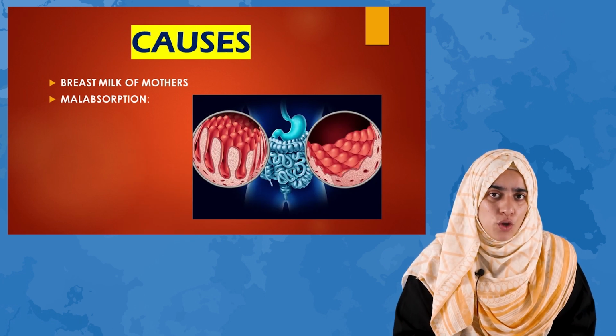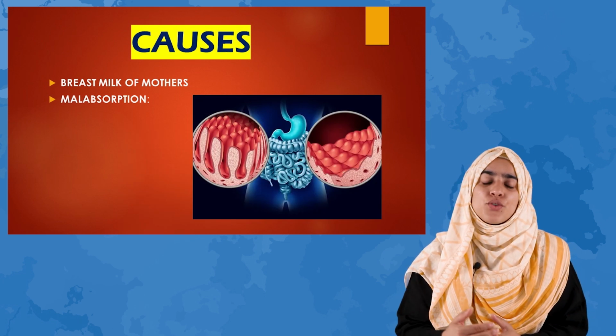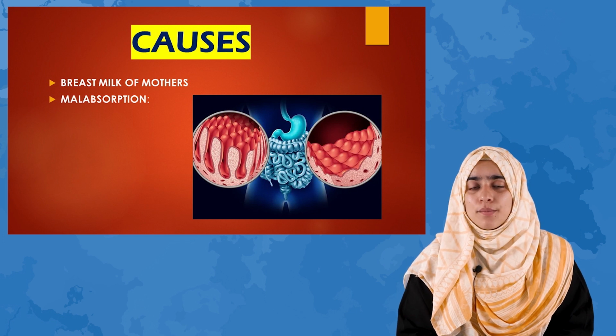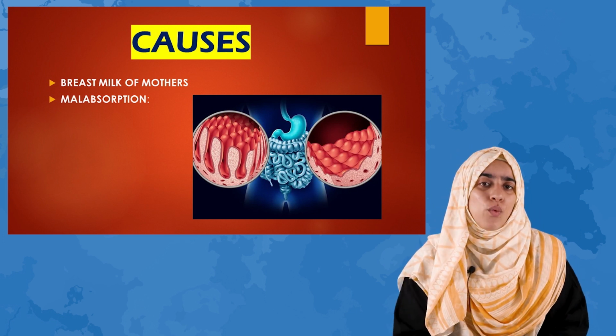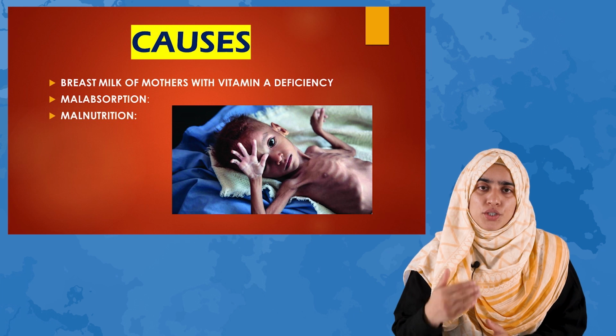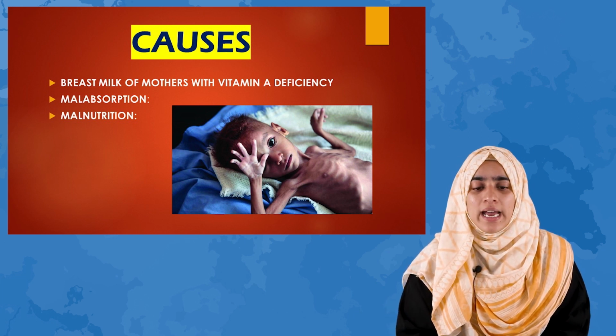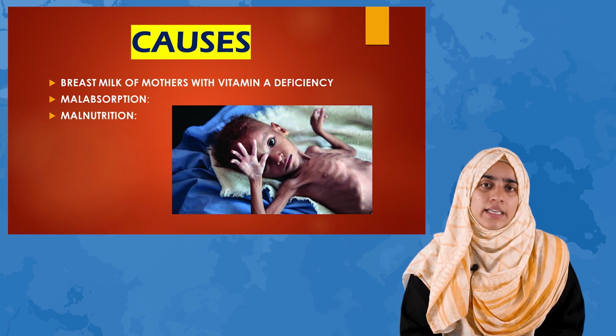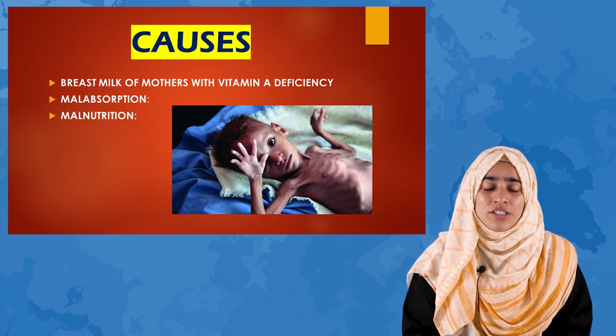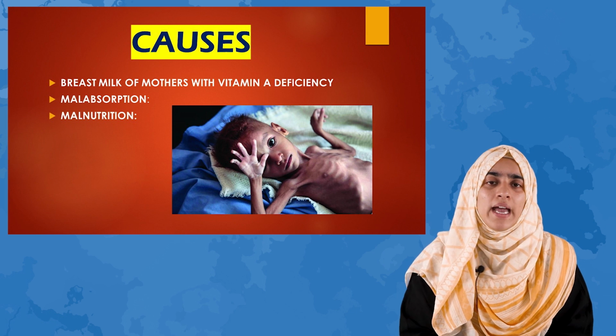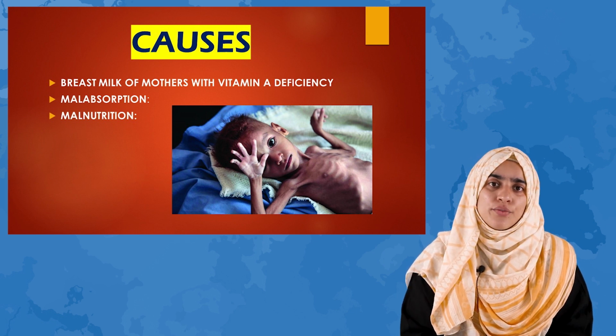The next cause can be malabsorption, as ineffective absorption of vitamin A in the body can lead to deficiency. Malnutrition is one more cause, as there is inadequate intake of the vitamin A which is actually required for the body.